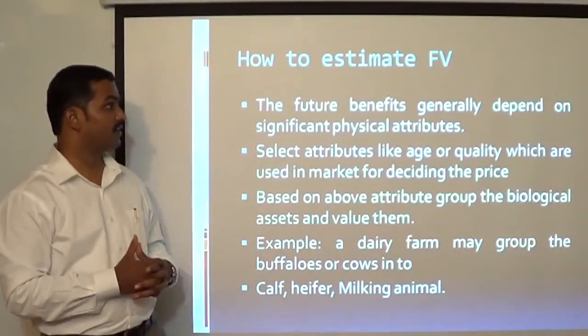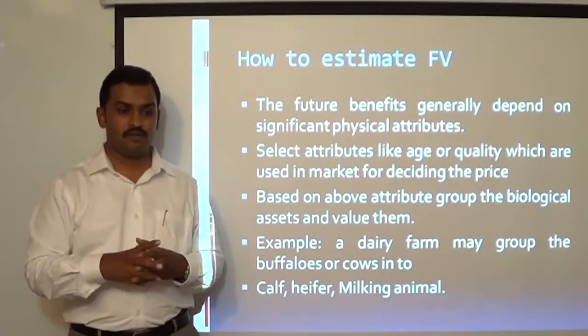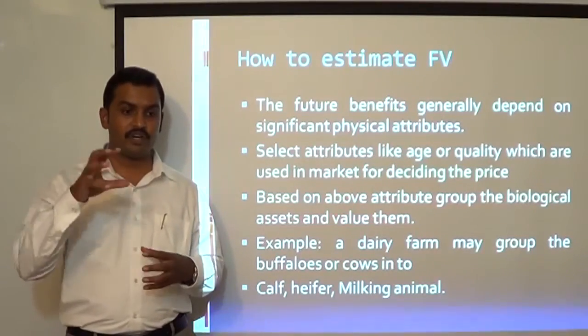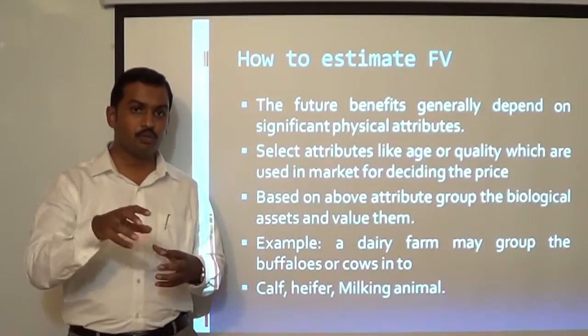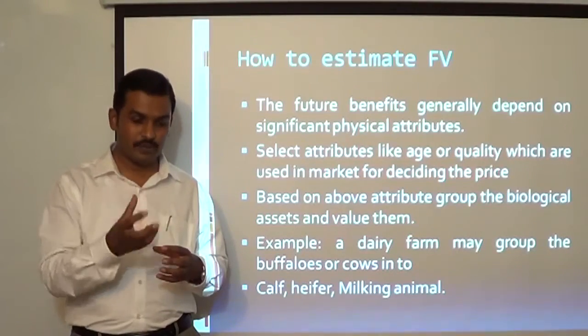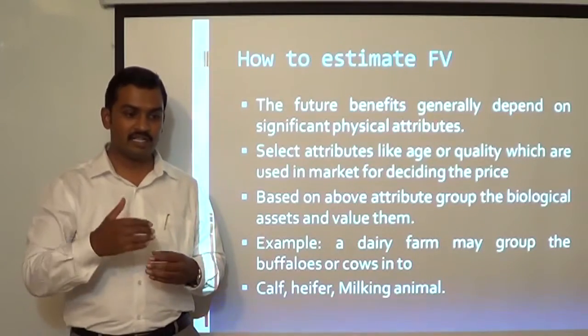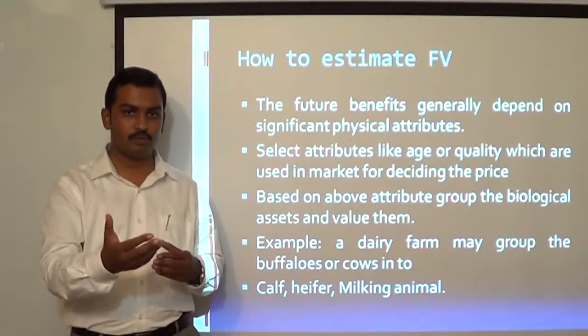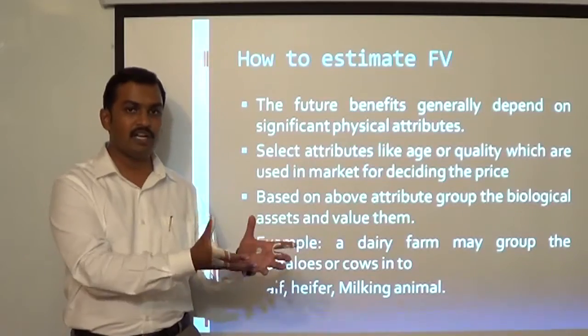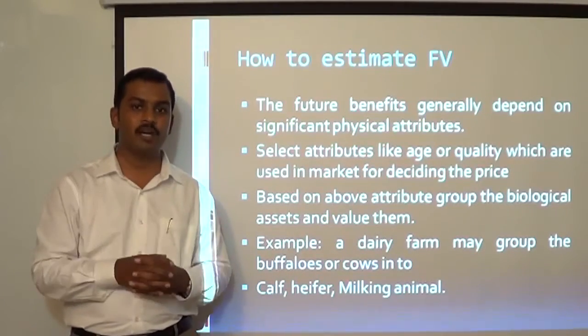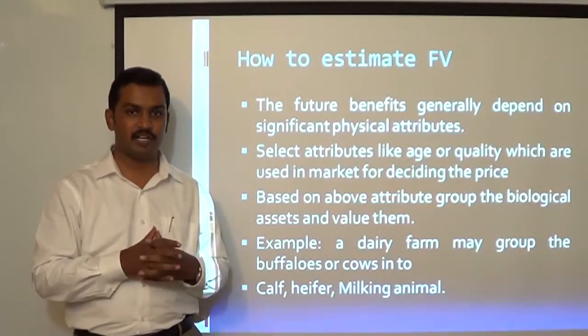Next, how to estimate fair value? The standard says, first of all, go to the market, try to find out which attributes are used by the market participants to arrive at the market price for the biological asset. Let us say the market participants use certain attributes like age of the biological asset, quality of the biological asset, weight of the biological asset.